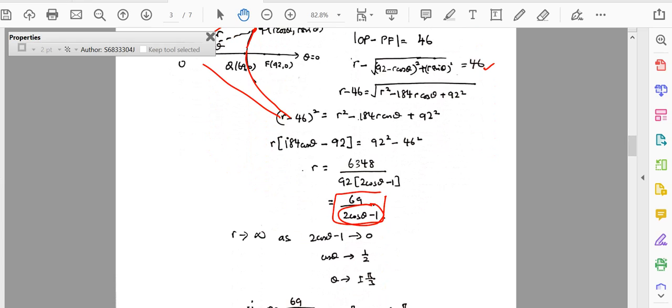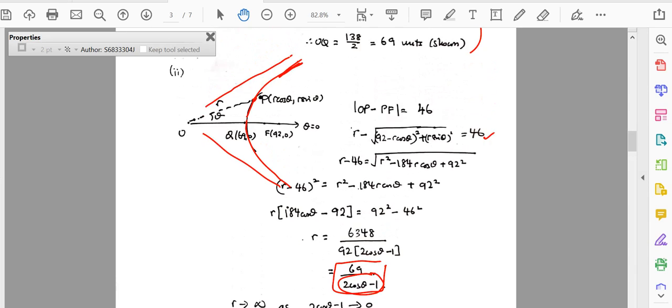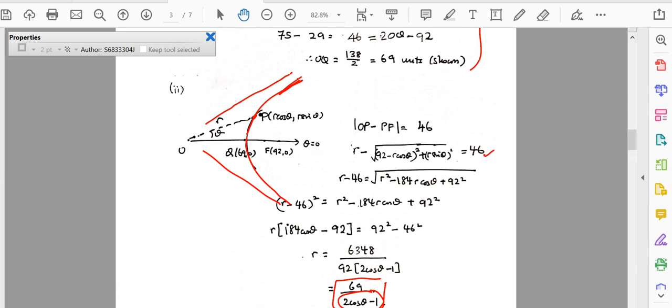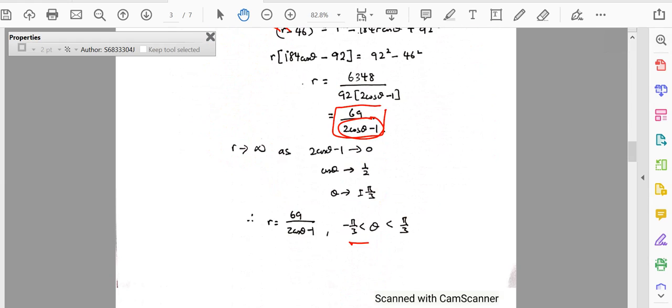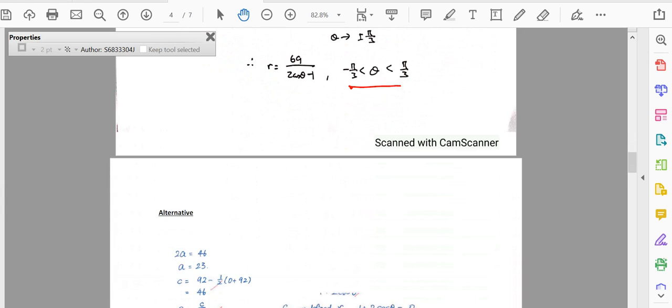This happens when cos theta tends to half, which means that theta tends to plus or minus pi over 3. Which does make sense if you look at the diagram here. This is when theta is tending towards pi over 3. On the other end is when it's tending towards negative pi over 3. So that gives us this domain for r. So that's one way that you can look at it.